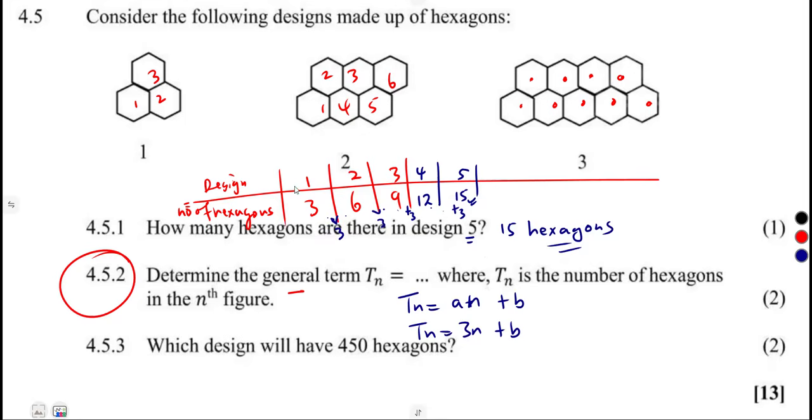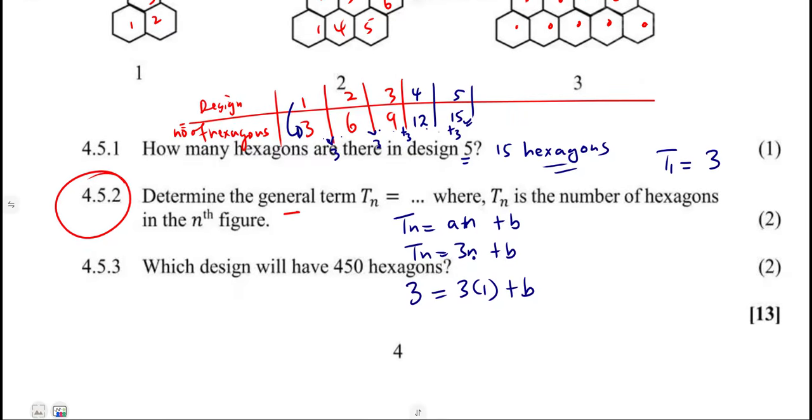Find the value of b. T1 equals 3. So if T1 equals 3, it simply gives us 3 is equal to 3 times 1. Our n, T1, n is 1. So find the value of b. 3 is equal to 3 plus b. Take the 3 to the other side or simply subtract 3.